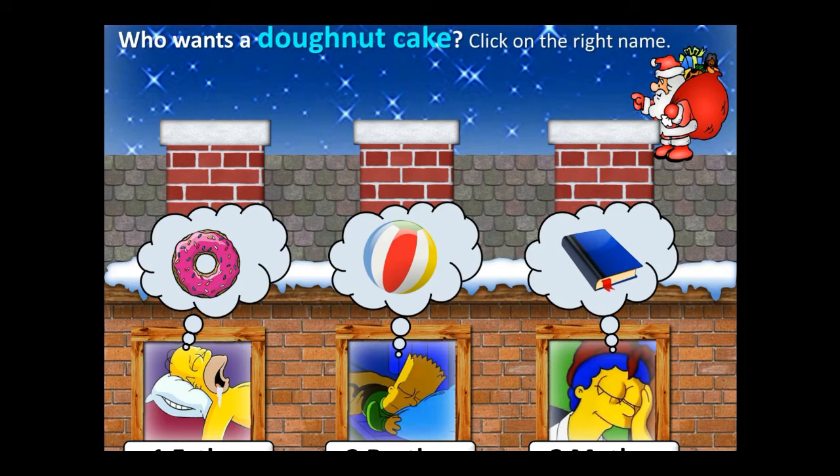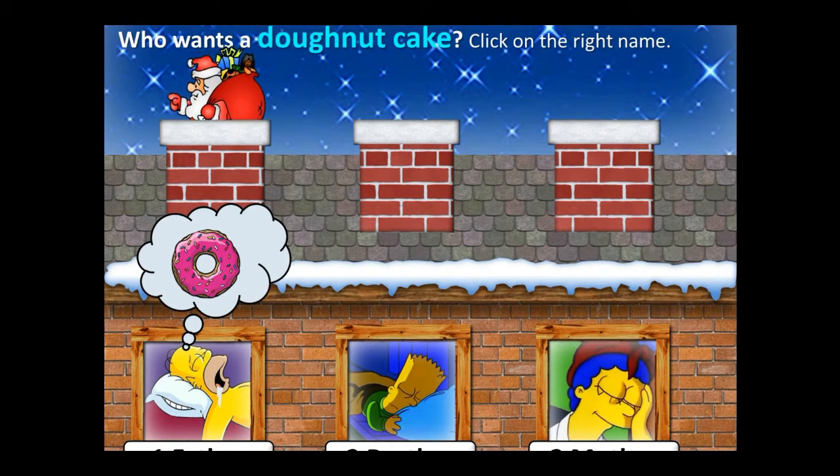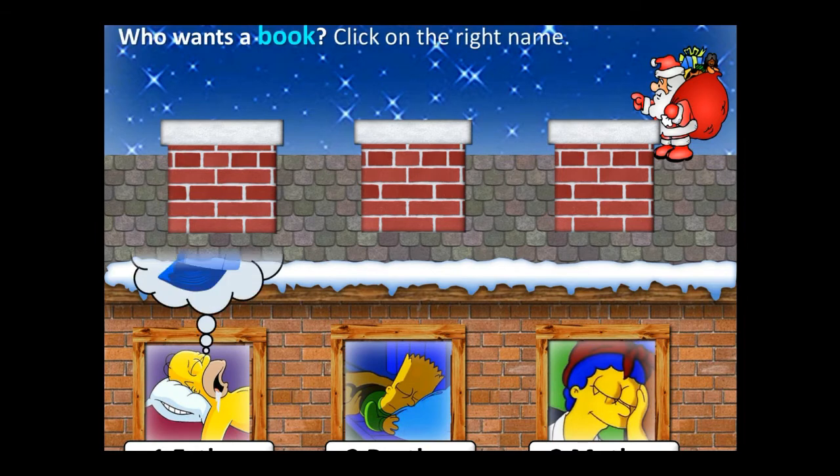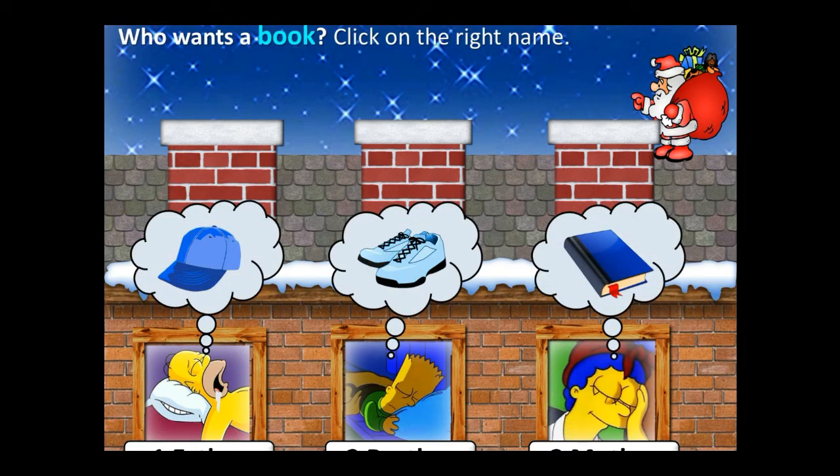I actually change the pictures and the vocabulary that it's using for presents, because I want it more in line with the school book. So all these things that they see, they should be familiar with and at least know the vocabulary for.